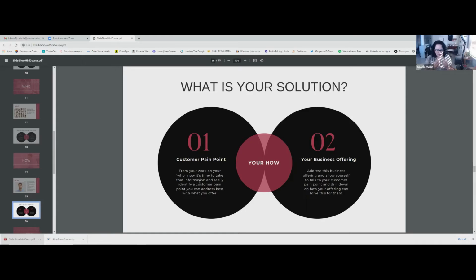Another thing I want you to take away from this: people buy on emotion and they back it up with logic later. Okay, you're talking to emotion. You're not talking logic, and don't talk rationally, because people are buying on emotion. It's not what they're buying from you. It's what it will give them that they want.